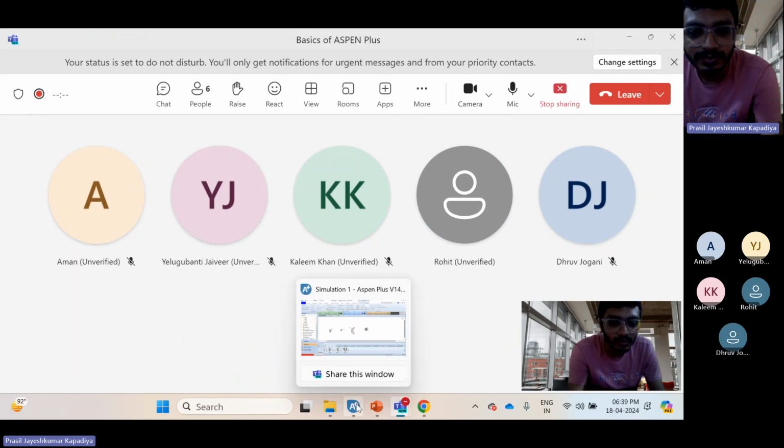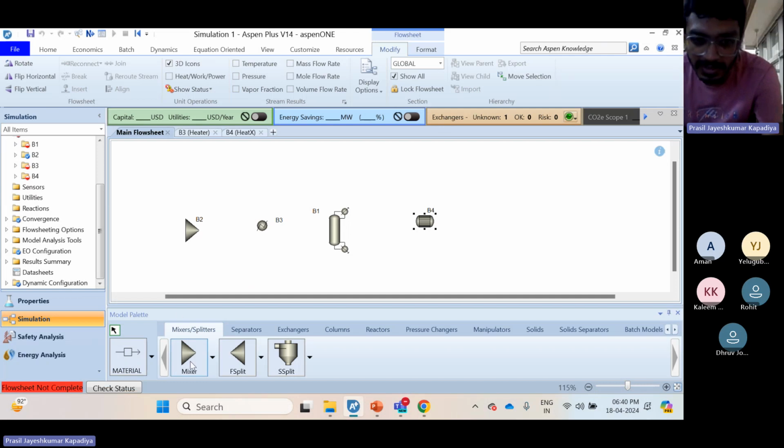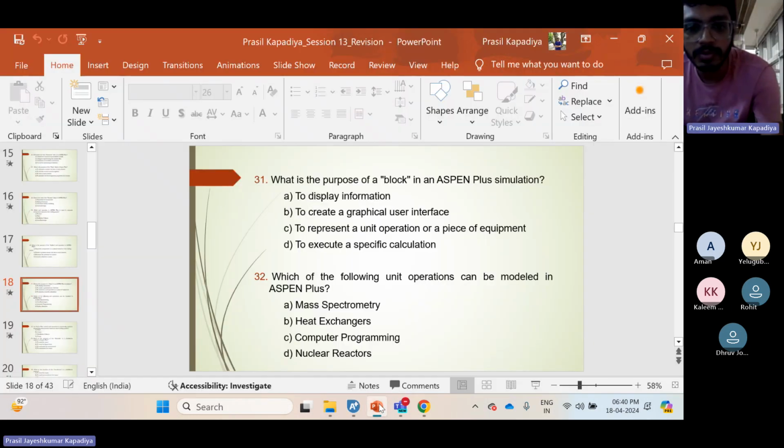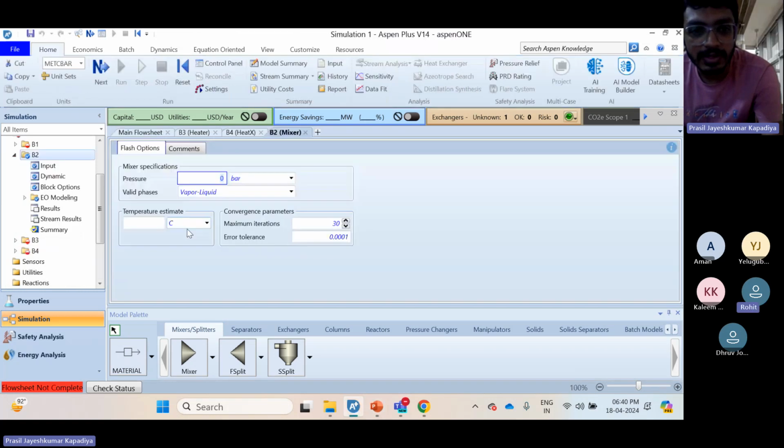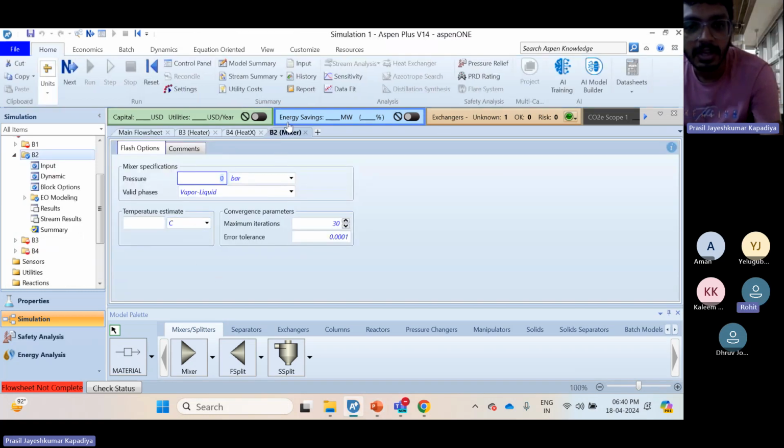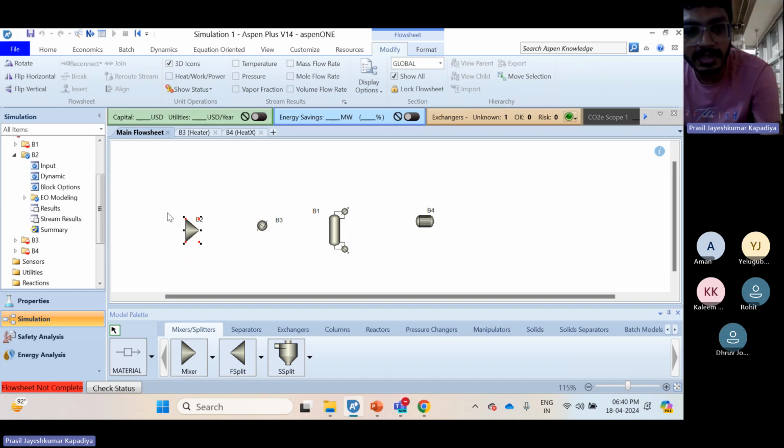Okay, now let's see. I am choosing this mixer block, right? So what is there in the mixer block? It is representing a unit operation, right? If we click on this block, we are supposed to fill some information. So what is this doing? This is representing one unit operation. Let's say this is a distillation column, RadFrac model. So what is this containing?